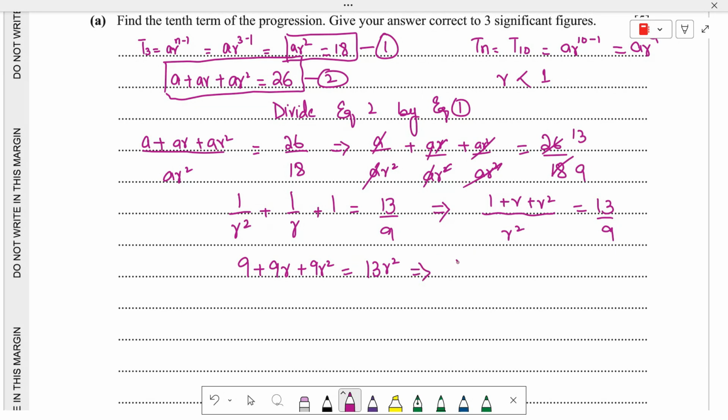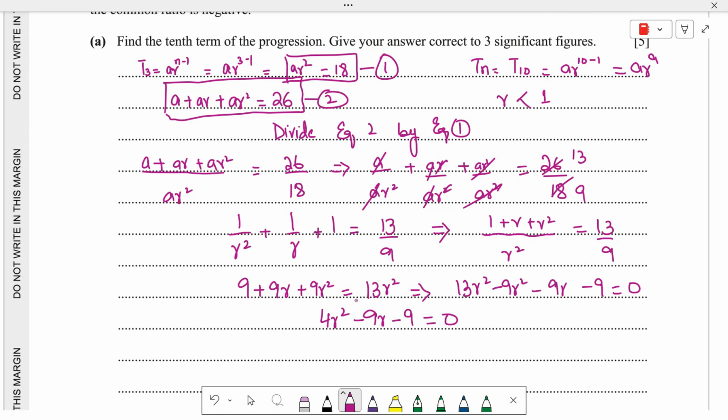Further solving, we have 13r square minus 9r square minus 9r minus 9 equal to 0, which is 4r square minus 9r minus 9 equal to 0. So this is a quadratic equation, which can be solved by the quadratic formula or by factorization.